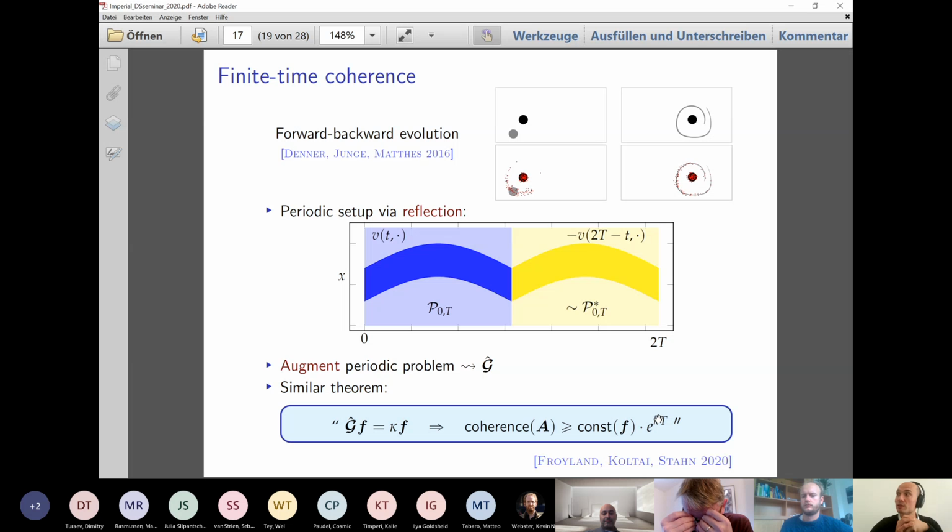So the periodic case is as close as I can get to something which is essentially autonomous, in the sense of Poincare return maps or slices.